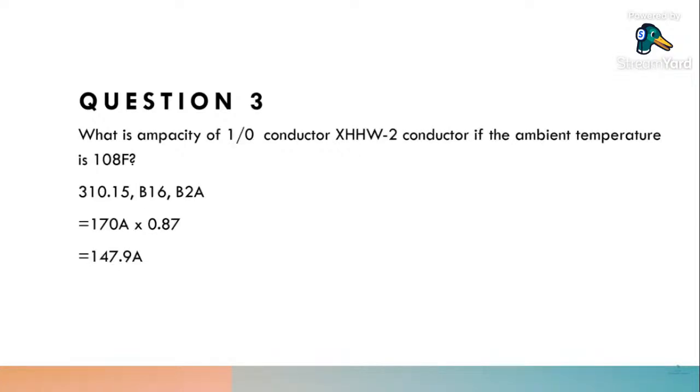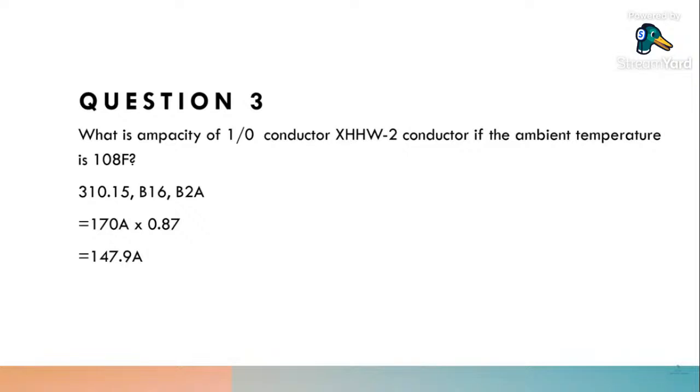Next question we're going to look at is number 3. What is the ampacity of a 1-odd XHHW-2 conductor if the ambient temperature is 108 degrees Fahrenheit? All right.